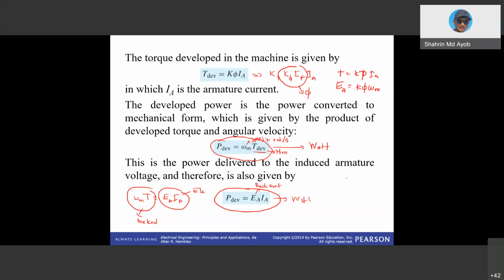The third is P mechanical, speed multiplied with torque, or P electrical, which is EA multiplied with IA. So actually P mechanical is equal to P electrical.